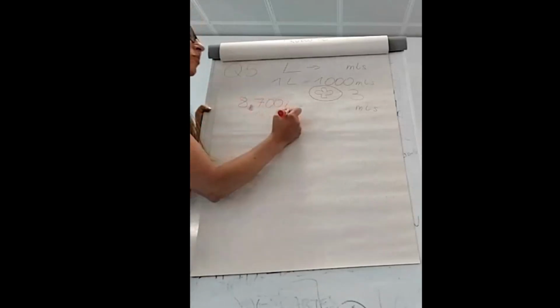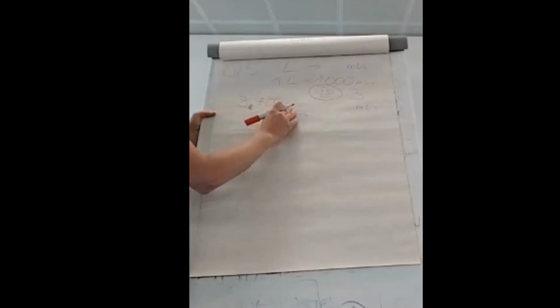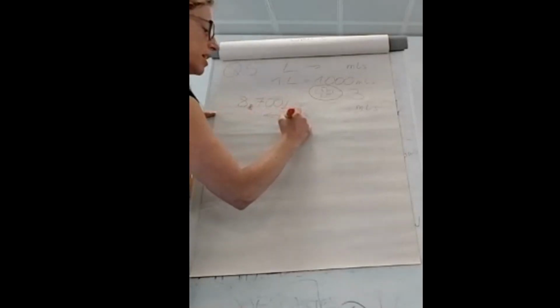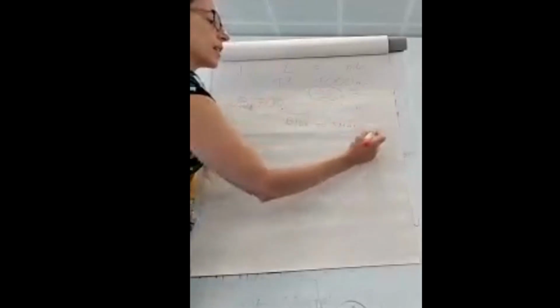And now we can move it left or right. Big to small. But where? Big to small is right. So we have big, which is liter, bigger than milliliter. To small is which direction? Right.